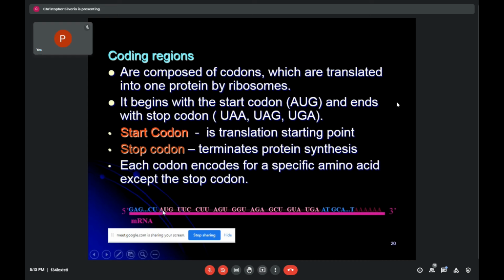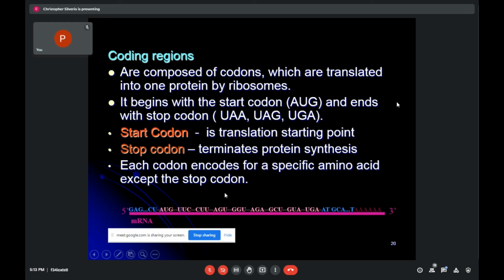In other words, class, all these codons are coding for an amino acid. For example, AUG is coding for the amino acid methionine. UUC is coding for the amino acid phenylalanine. So, in this case, class, the codons are made up of 3 nucleotide bases.